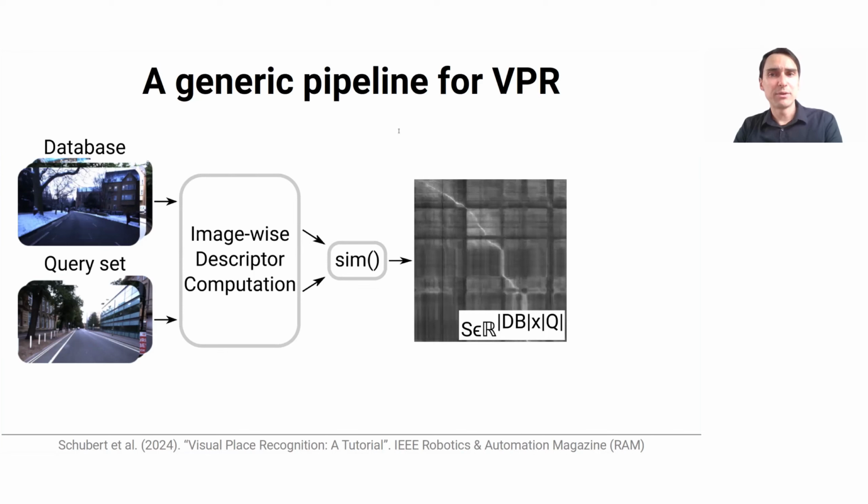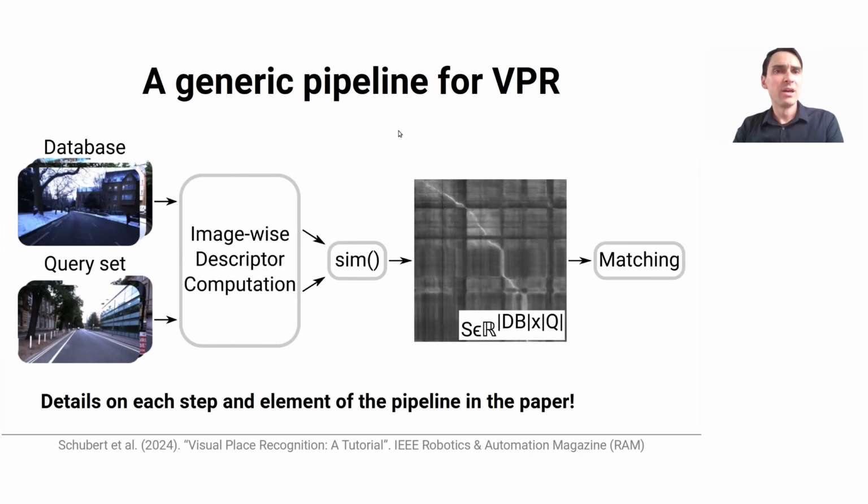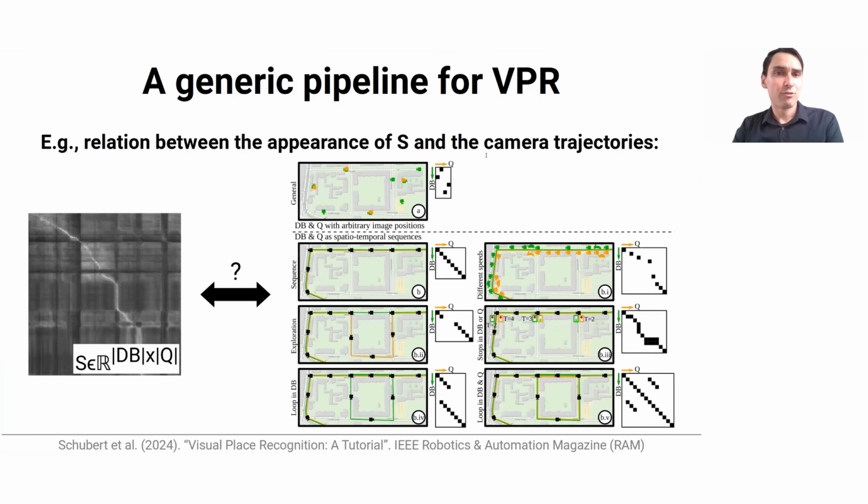All pairwise similarities are accumulated in a similarity matrix S, and the similarity matrix is finally used for matching decisions to identify same places. The details of the individual steps and elements of this generic pipeline are explained in our paper. For example, we discussed the relation between the appearance of the similarity matrix S and the camera trajectories.